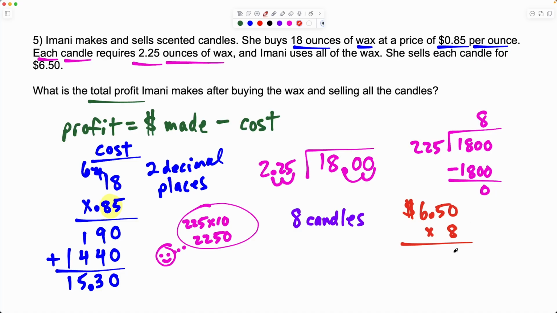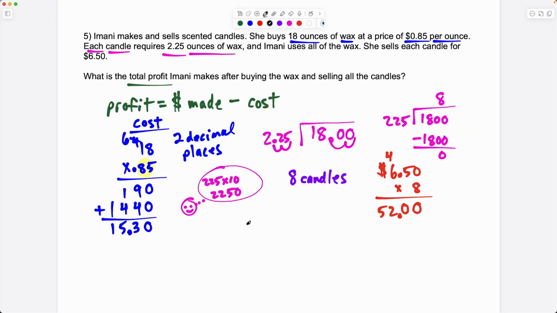So we have 8 times 0 is 0, and then 8 times 5 is 40, so 0, carry the 4. And then we have 8 times 6 is 48, plus 4 is 52. Notice that I ignored 2 decimal places, so I would move the decimal 2 spaces this way, and this would give us exactly $52.